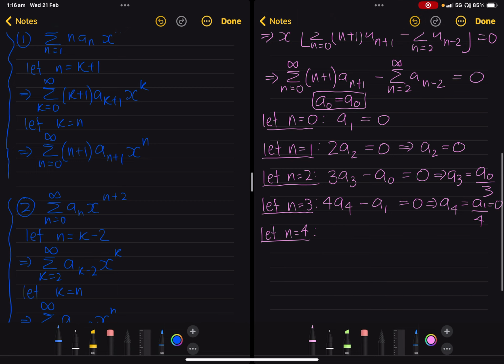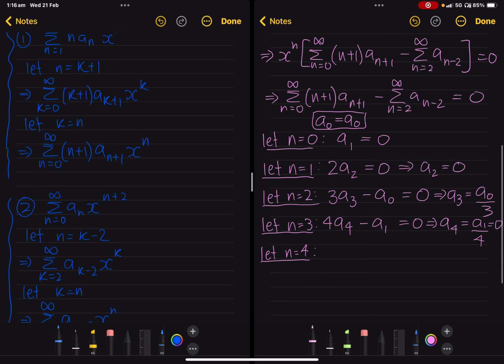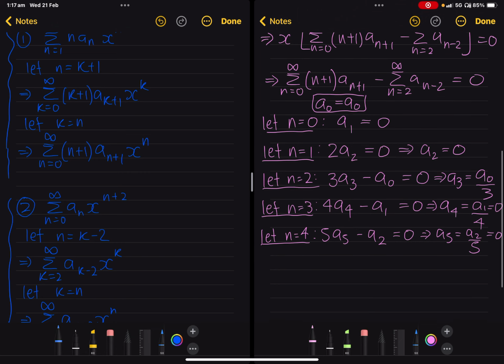So we want another term. N is 4, we'll get 4 plus 1, so this will be 5a5 minus a subscript, this will be 4 minus 2, which is 2. This will be equal to 0. So this will tell us that a5 is equal to a2 on 5, but we know a2 is 0, so this goes away.